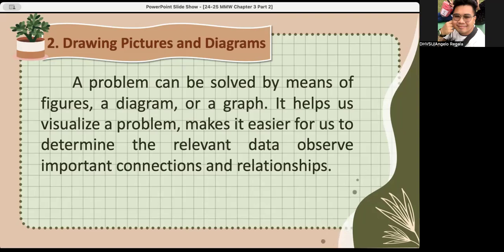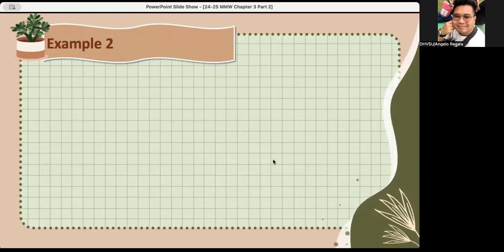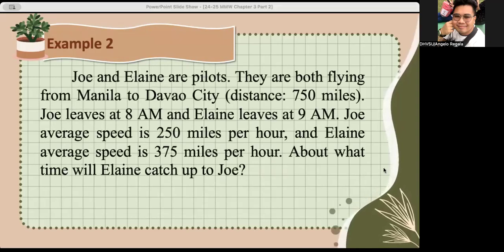Okay? So, yung iba, mas madali nilang nasosolve at naiintindihan kapag nakikita nila. Sometimes when we encounter a problem, we try to imagine, ano ba yung problem na yon? Ano ba yung magiging itsura? Okay, so this is what we call drawing pictures and diagrams. One example here is the following. We have two pilots named Joe and Elaine.